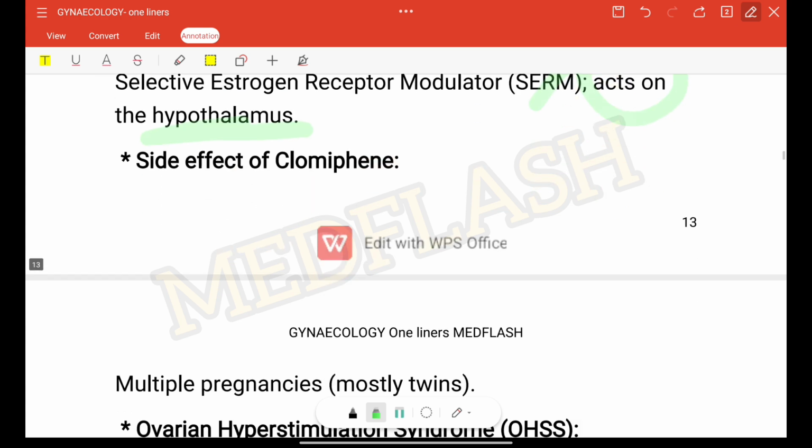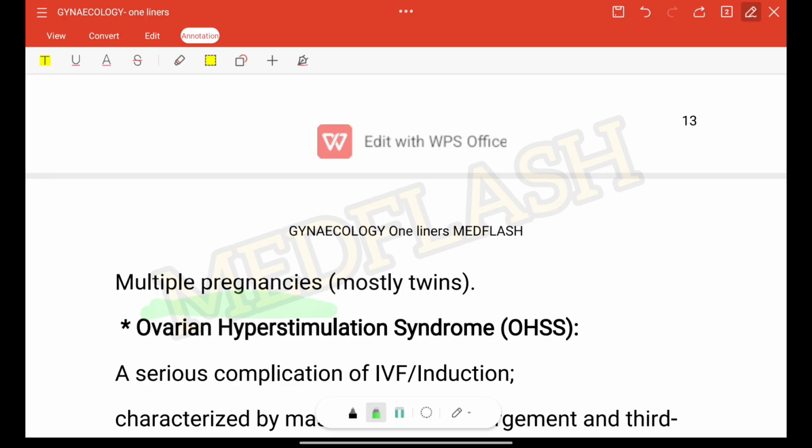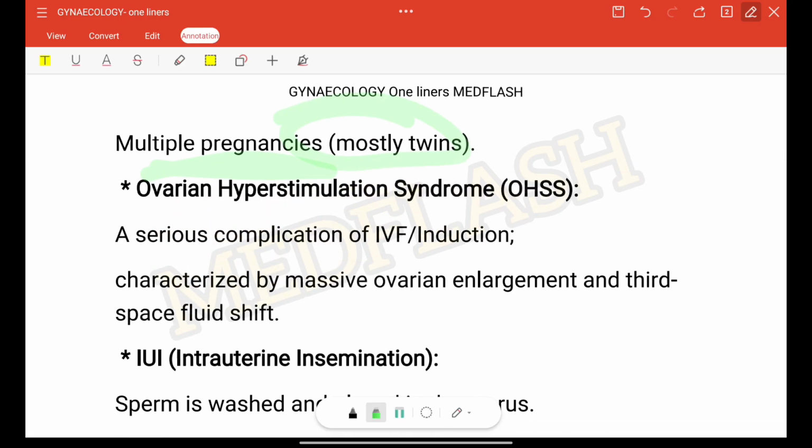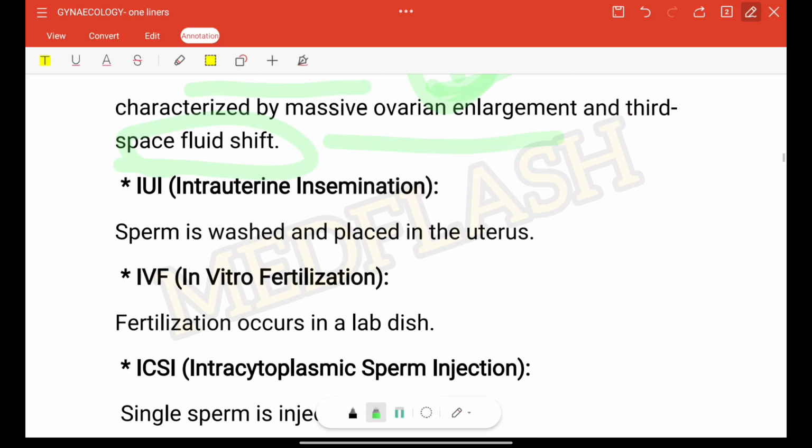mostly twins. Ovarian hyperstimulation syndrome is a serious complication of IVF or induction. It is characterized by massive ovarian enlargement and third space fluid shift, like ascites and so on.